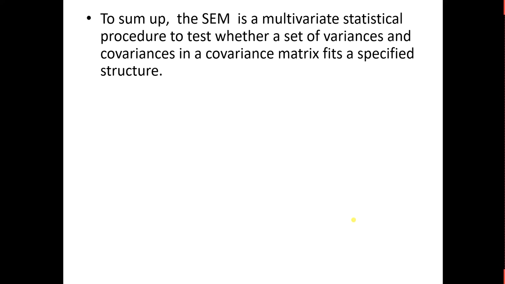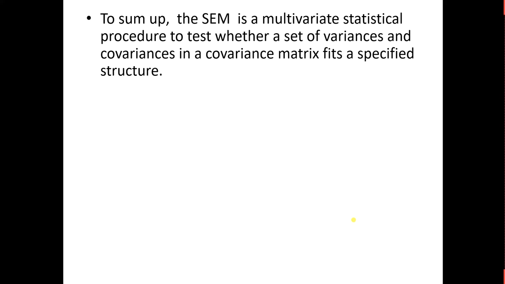So let us conclude and summarize. We can say that structural equation modeling is basically a multivariate statistical procedure aimed at testing whether a set of variances and covariances in a given covariance matrix fits a specified structure or not.